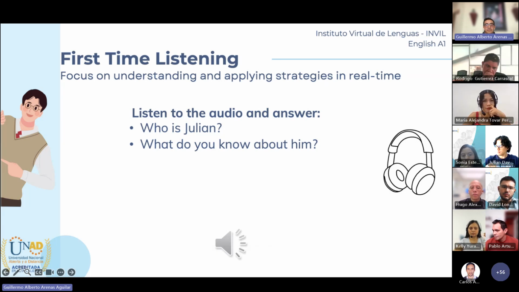Julian is a teacher. He teaches math at Madison College in New York. He is 29 years old. He lives in New York City with his family, his mother, his father, his 2 brothers, and 1 sister. He has 35 students in his math course. 21 students are from the US, and the other 14 are from different countries. 4 students are from Asia, 6 students are from South America, and 4 students are from Europe.